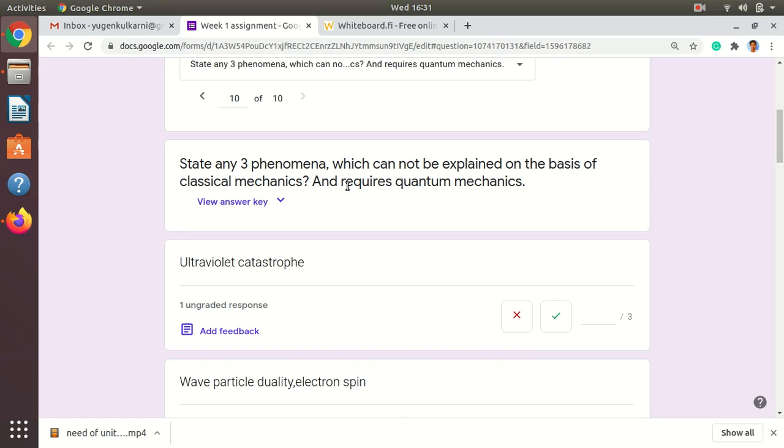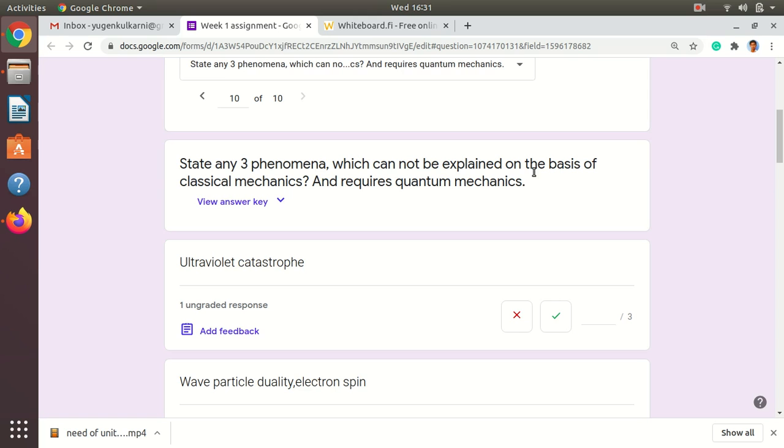Then we have the last question: state any 3 phenomena which cannot be explained on the basis of classical mechanics and require quantum mechanics. Already in the last week we discussed photoelectric effect and wave-particle duality. Wave-particle duality covers phenomena like the photoelectric effect, Compton effect, and Raman effect, which describe particle nature, and polarization, diffraction, and interference, which explain wave nature.